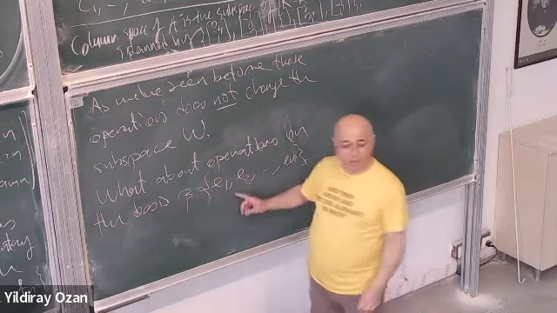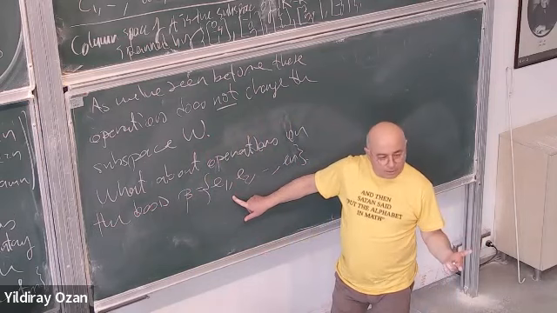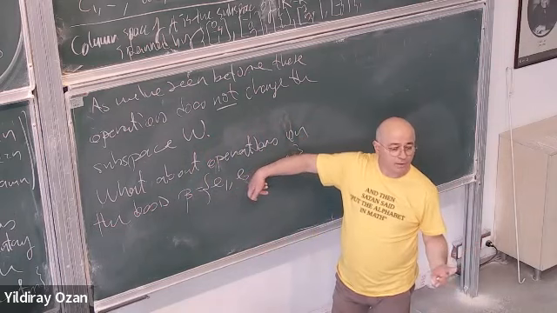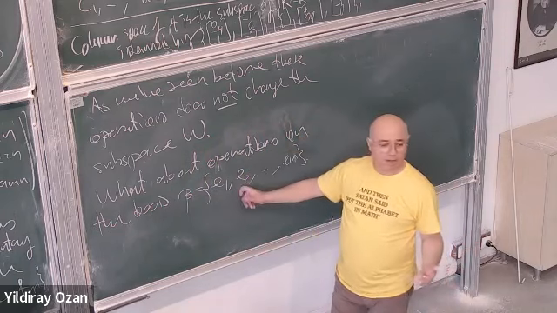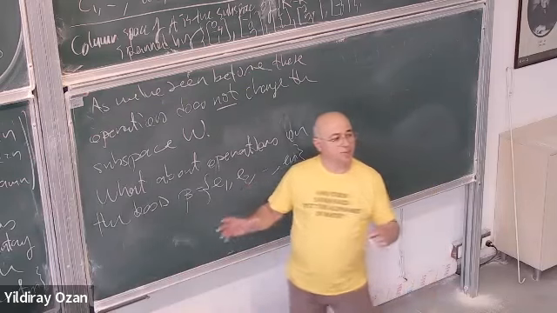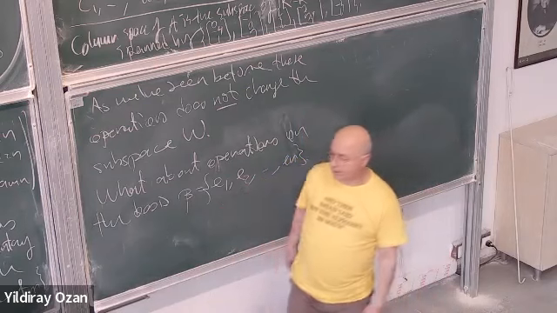Namely, I may multiply one of the vectors with a number, I may interchange two of them, or I can add a multiple of one of them to another one, right? The same kind of elementary operations apply to this set.